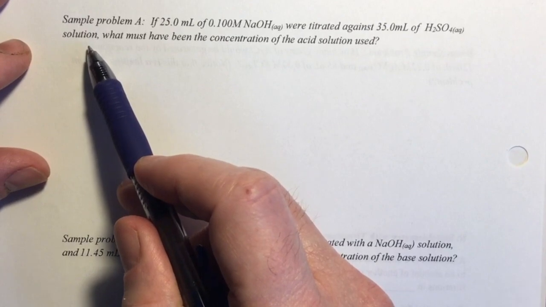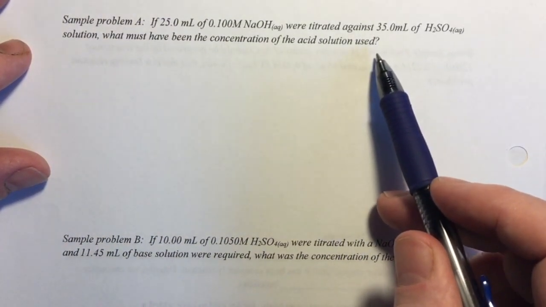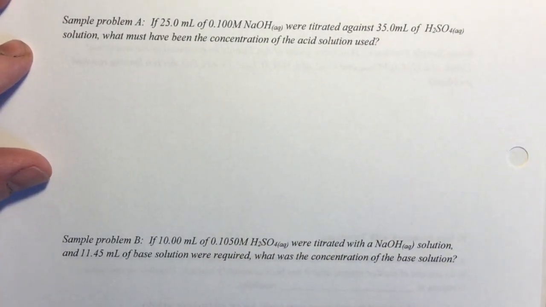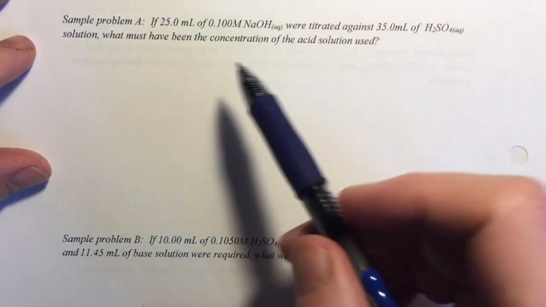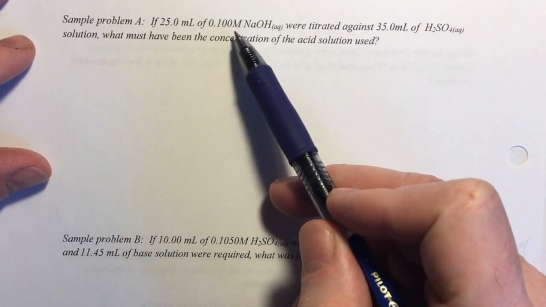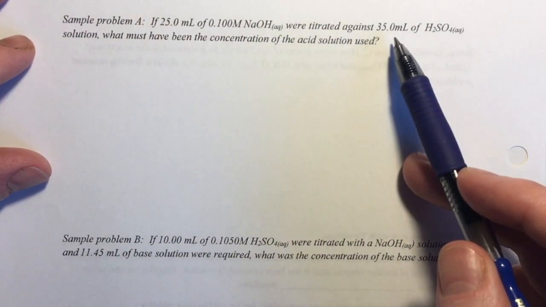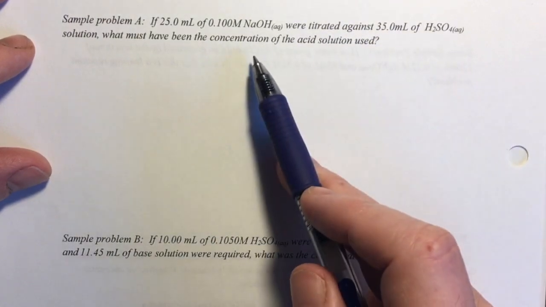There's our acid. What must have been the concentration of the acid solution used? So let's parse through this word problem and see what they're giving me. They're giving me the volume and the concentration of the base, and they're giving me the volume of the acid and asking me for the concentration.